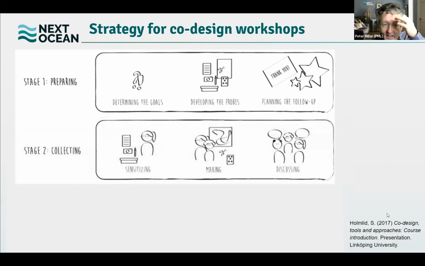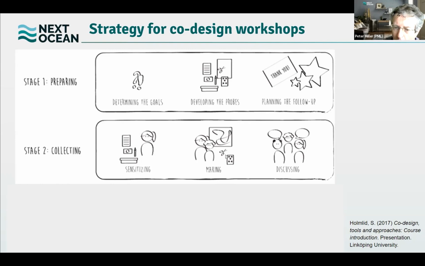So when you actually get to the days before the workshop, then you can what you call sensitize. You can provide some written materials to tell people about the project, what we're hoping to get out of it, and this helps get them to the right mindset of being ready to co-design and co-create.